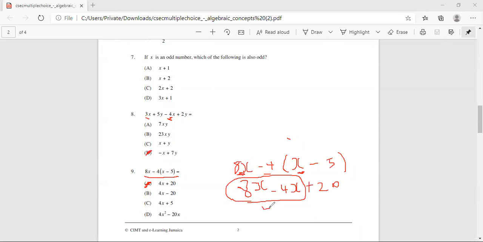So we get 4x. 8 subtract 4 is 4. We get 4x plus 20. So 4x plus 20 is our answer. Understood? Yes, sir. All right, good.